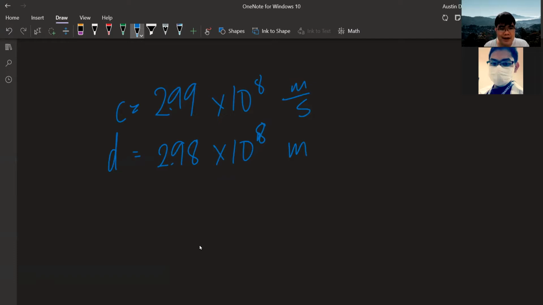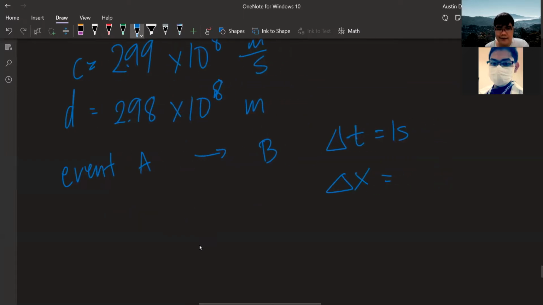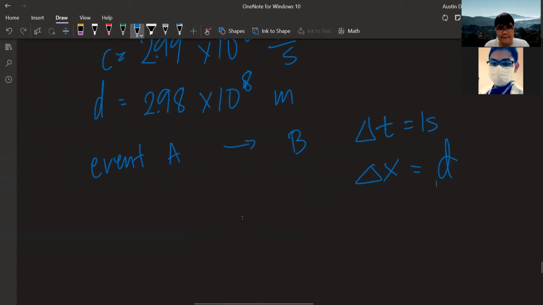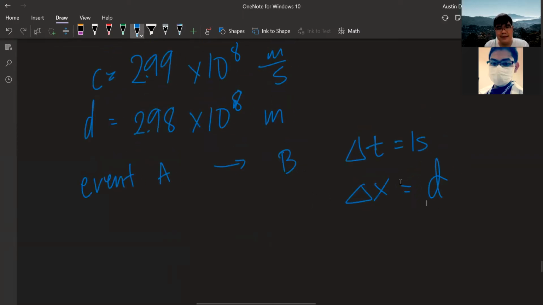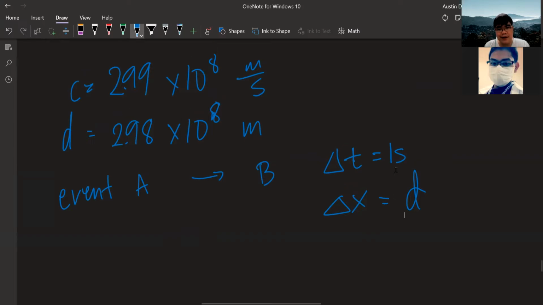Okay, so if in 1 second, duration of event A to B is delta t equal to 1 second, and yung delta x nila is d. Therefore, this event is time-like. So, time-like siya kasi ang distance na lang ay less than the traveled distance of the speed of light in 1 second.